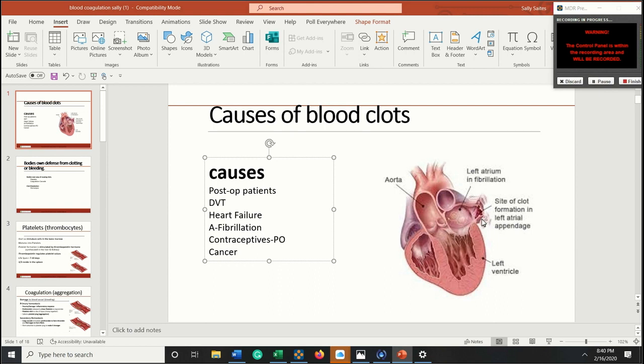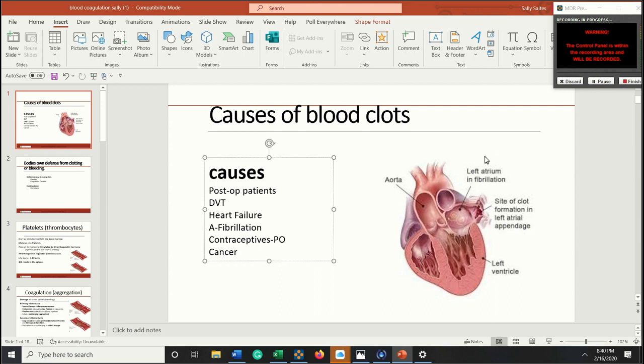There's an appendage on your left atrium that when the heart does this fibrillating, kind of a quivering sensation, it doesn't pump very well, so it doesn't pump all of the blood out of your atrium into your ventricle. And so it kind of accumulates here and starts to move over to this little appendage where it can become stagnant. And this is where a blood clot can form.